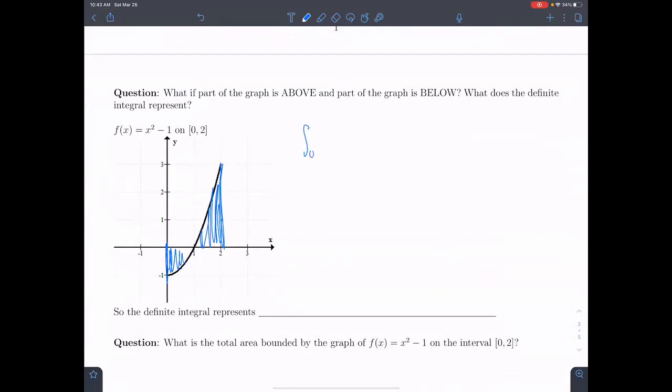We do the integral from 0 to 2 of x squared minus 1 dx. We would get x cubed over 3 again, minus x, evaluated from 0 to 2. Plug in 2, you get 8/3 minus 2. Plug in 0, and you get 0. So 8/3 minus 2 is 2/3.